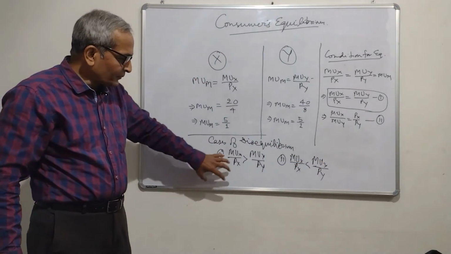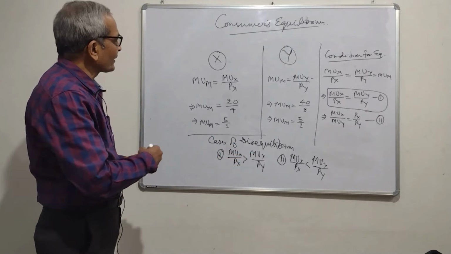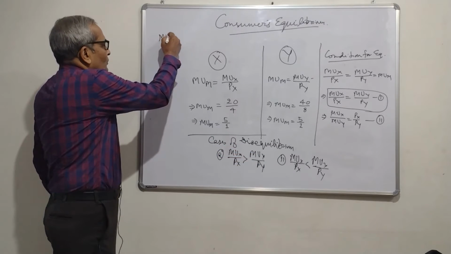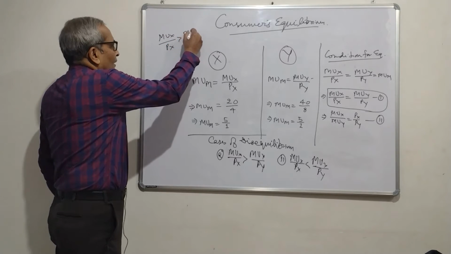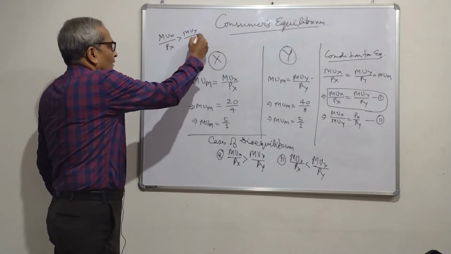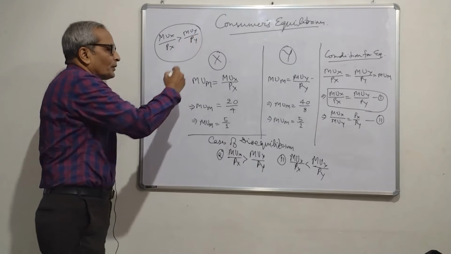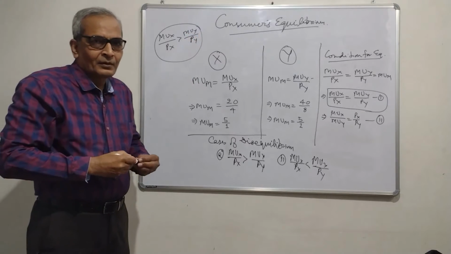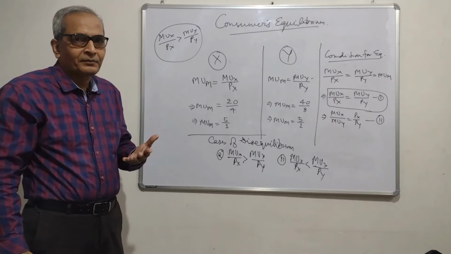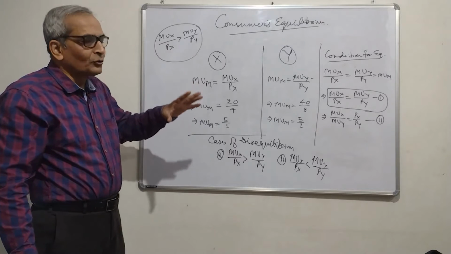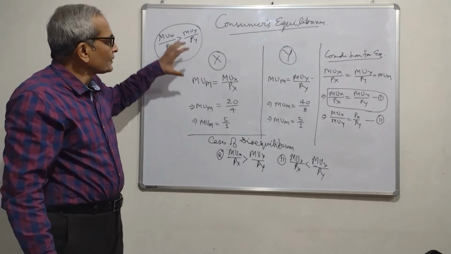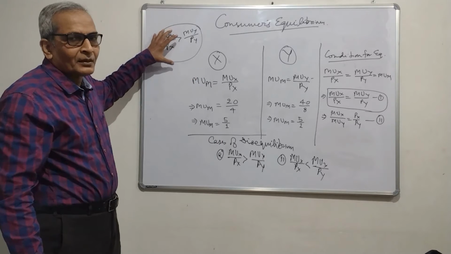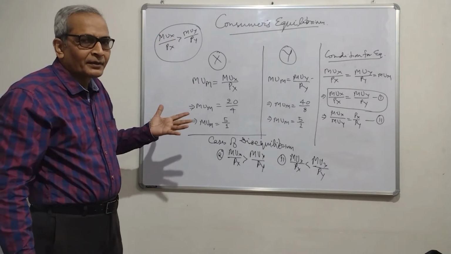Now, if this is the case, MUX by PX is greater than MUY by PY, how will the consumer react? That we have to understand. If the consumer is at a point of consumption where it is like this, then how will the consumer react?